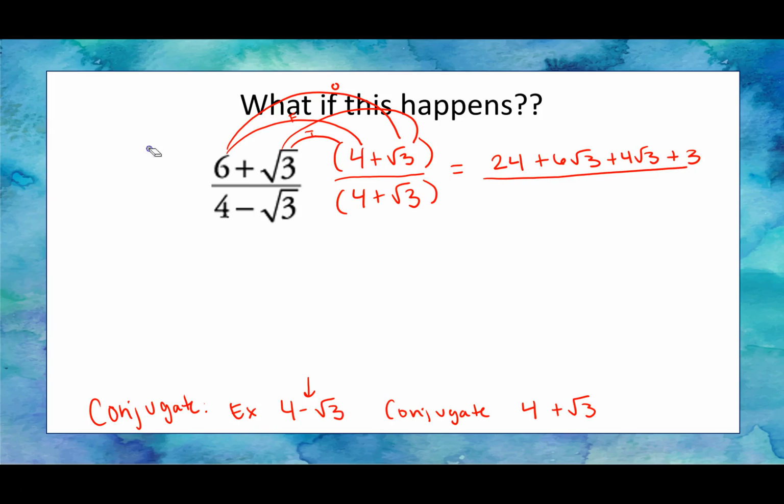All right, we're going to do the same exact thing, but we're going to do it with the denominator now. So 4 times 4 is 16. That was my F. My outer is going to be a 4 root 3. My inner is actually going to be a minus 4 root 3. And then my last will be a negative root 3 times a positive root 3.